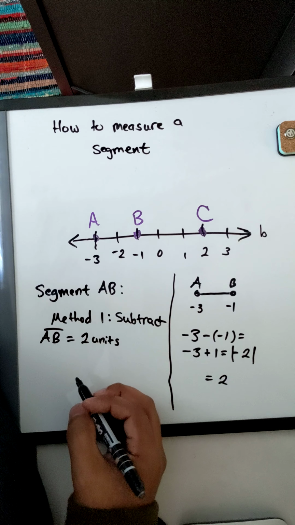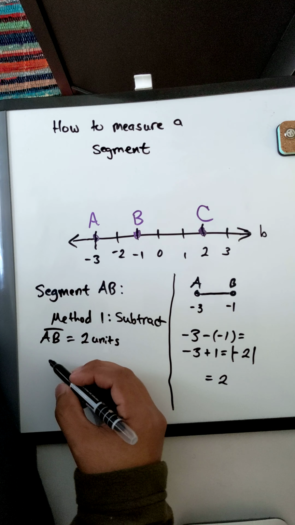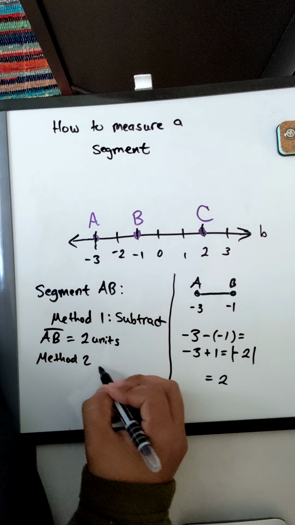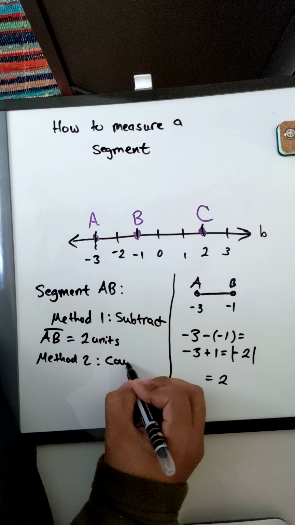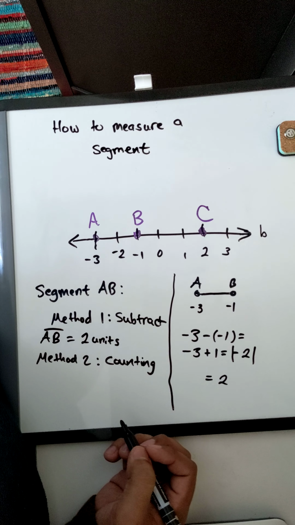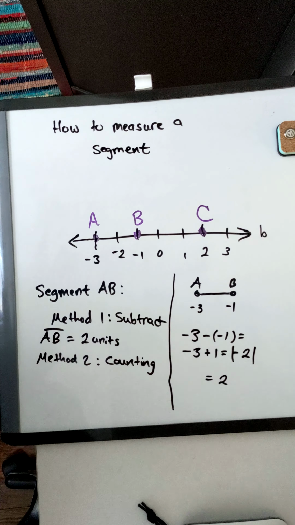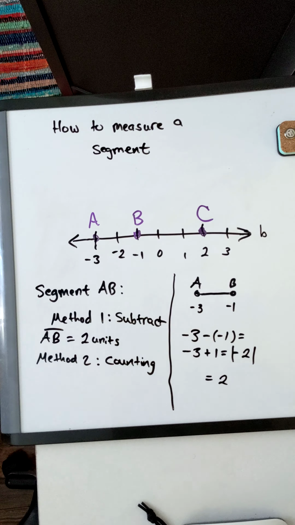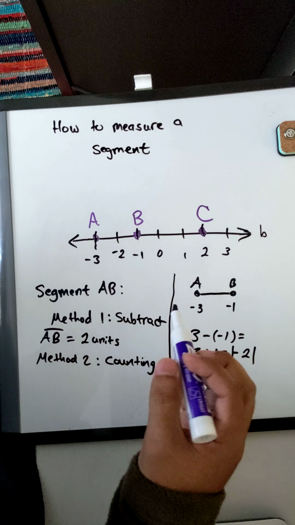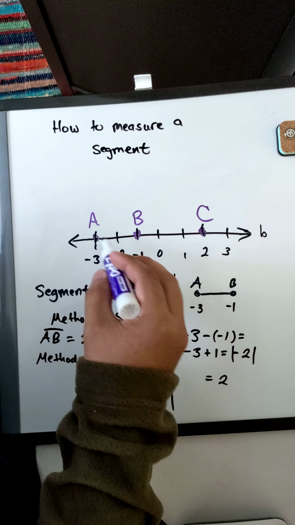2 units. So now let's go to method 2, counting. Let me change my marker really quickly. If I want to do method 2, I've got to count, right? So I'm going to look at my first starting point.